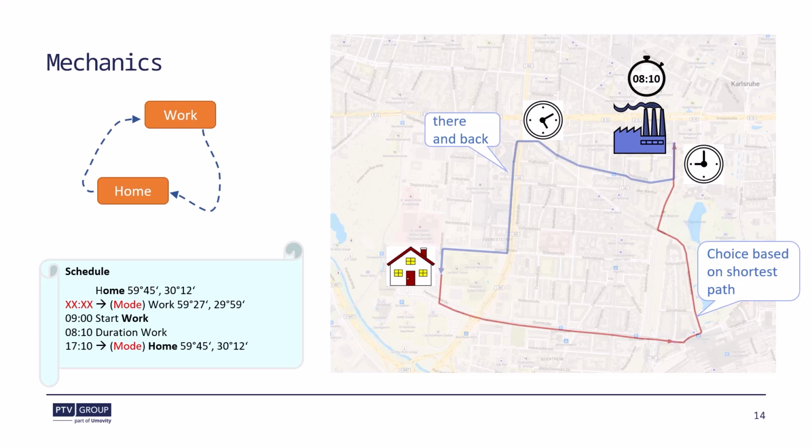So the utility for the mode choice, for the trip to the workplace, is composed of both trips, the trip there and the trip back, and each trip in the correct time period. And that is quite important if you imagine a situation where there is in the morning a very good public transport connection from home to work.